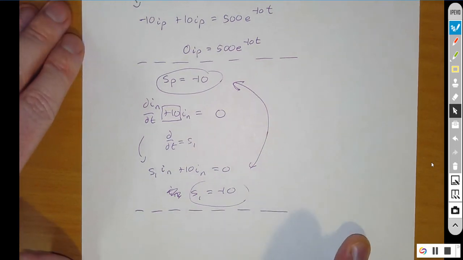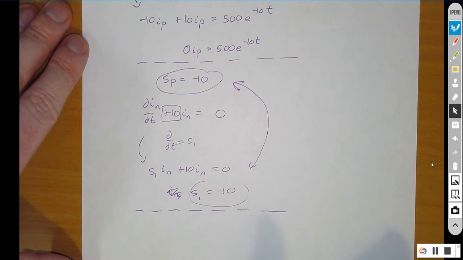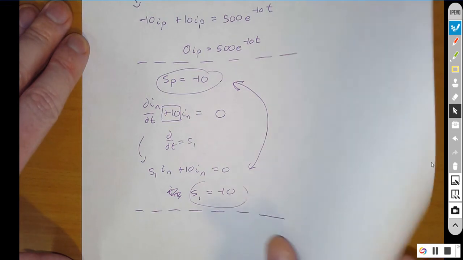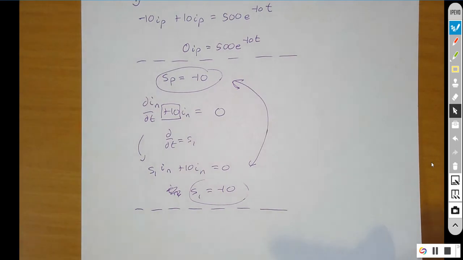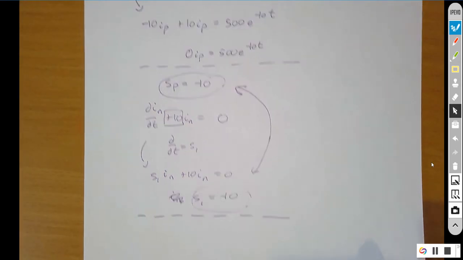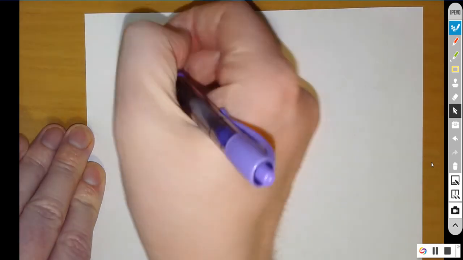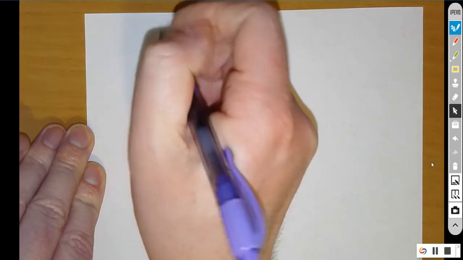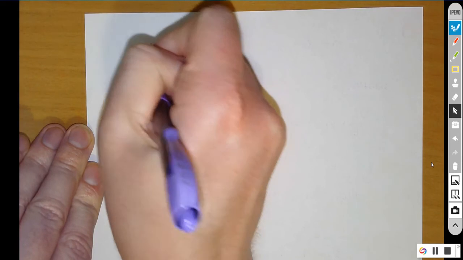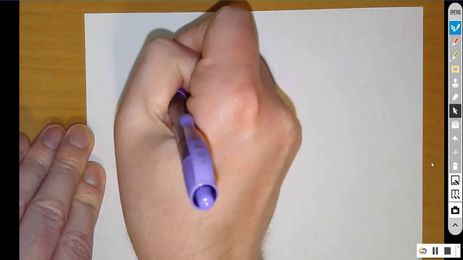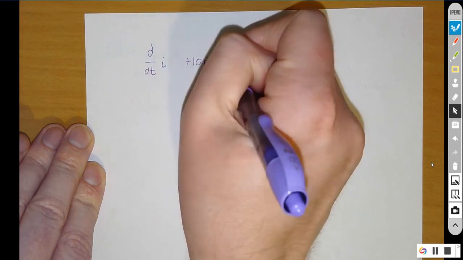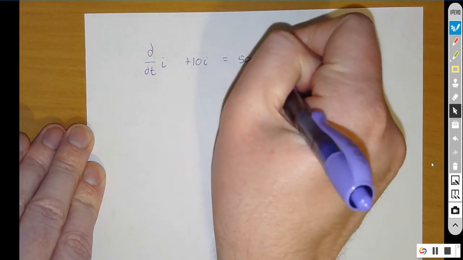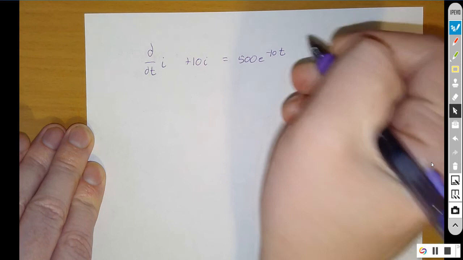Okay. So now we need to use an integral to actually find this. This is going to look a little weird. I'm going to flip over to the back side of the page so we can work through our integral. I'm going to rewrite our differential equation. That is d/dt I plus 10i equal to 500e to the negative 10t.